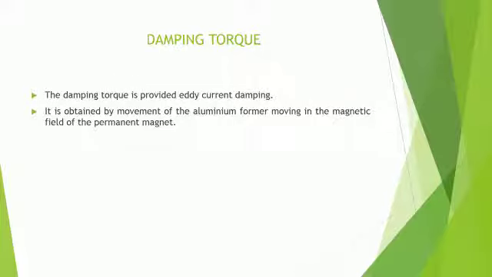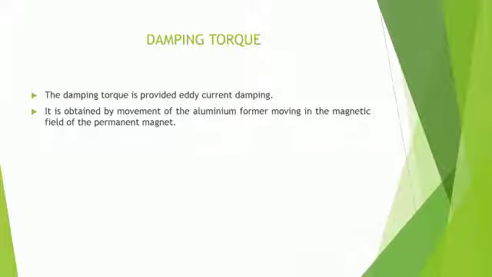The third one is the damping torque. When a deflecting force is applied to the moving system, it deflects and should come to rest at a position where the deflecting force is balanced by the controlling force. The moving system has inertia, and therefore cannot immediately settle at its final position, but overshoots or swings ahead of it.